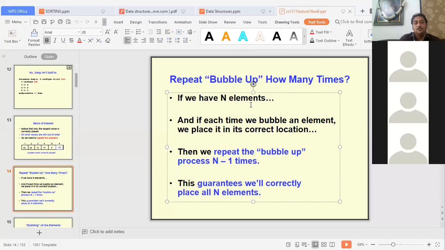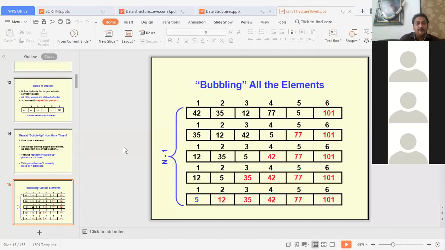Suppose we have n number of elements, and if each time we bubble an element, we place it in its correct location, then we repeat the bubble up process n-1 times. Okay, this portion is copied. So all the elements are placed here.